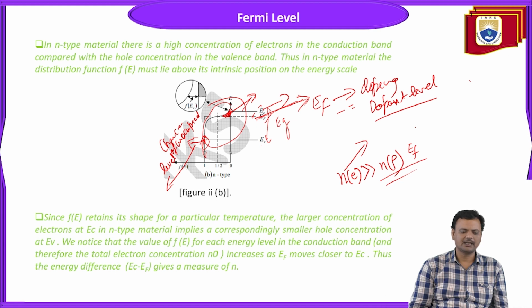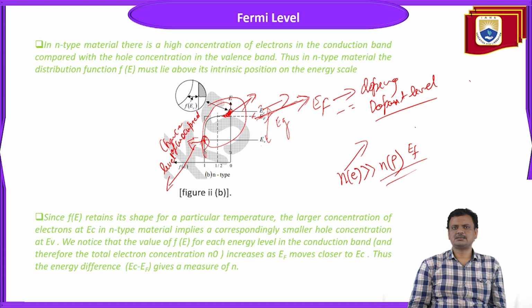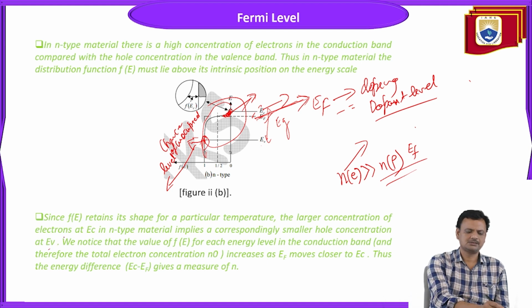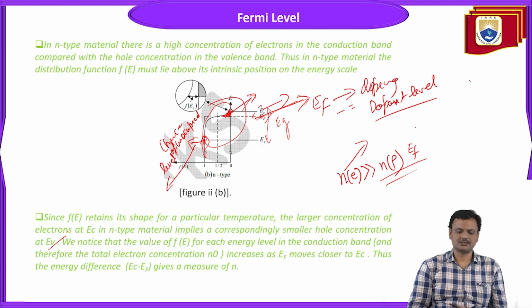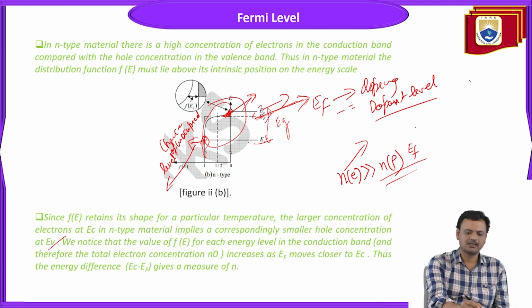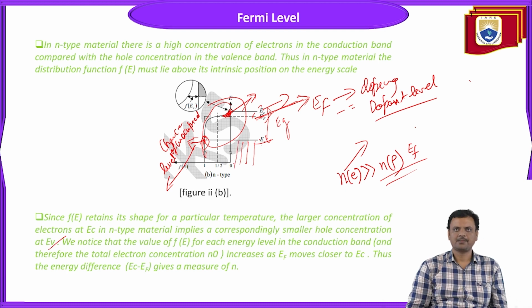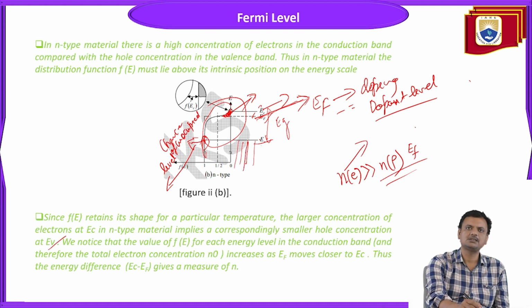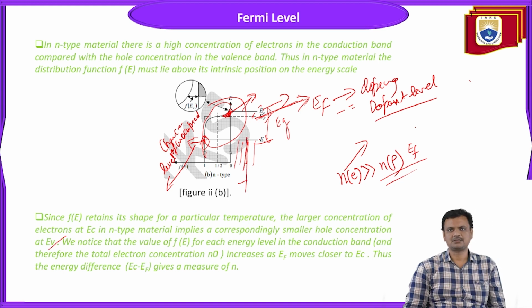Since F of E retains its shape for a particular temperature, the larger concentration of electrons at EC in N-type material implies a correspondingly smaller hole concentration at EV. EV means valence band energy, below which your valence band region is present.